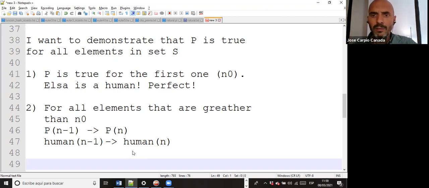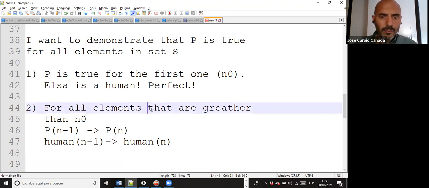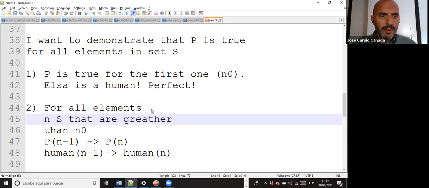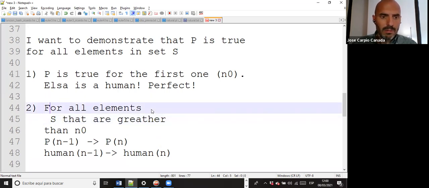The set has to have a concept of order, or we have to sort the elements in the set. The first part says the property has to be true for the first one, and for all elements in the set S that are greater than the first.